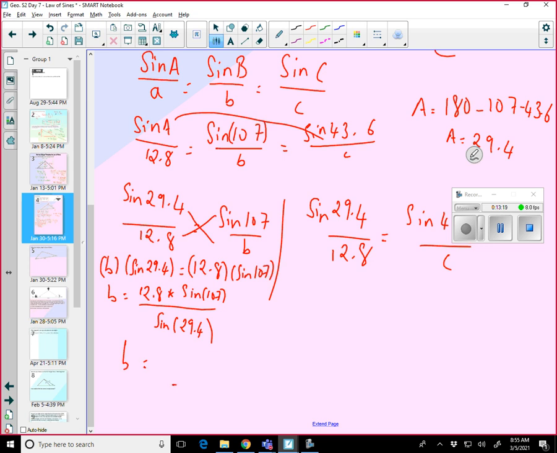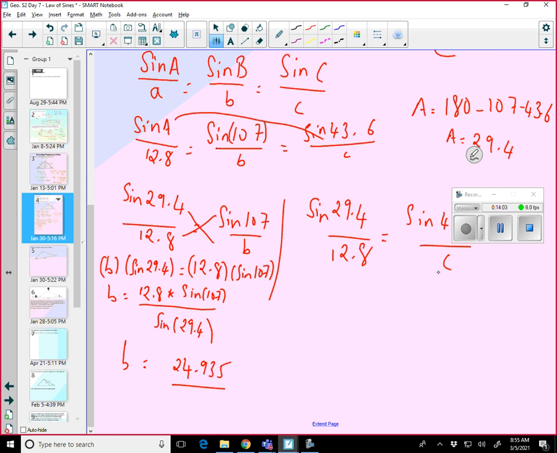So we will get the value of b. Let's substitute that in the calculator. 12.8 times sine of 107 divided by sine of 29.4, which gives us 24.935. It's not an angle, it's the side. Small b, the side, is 24.935 units.